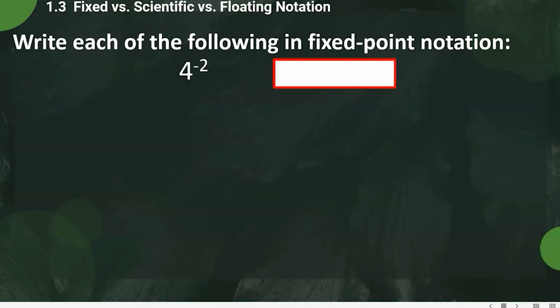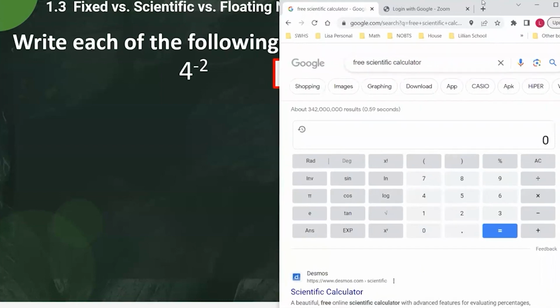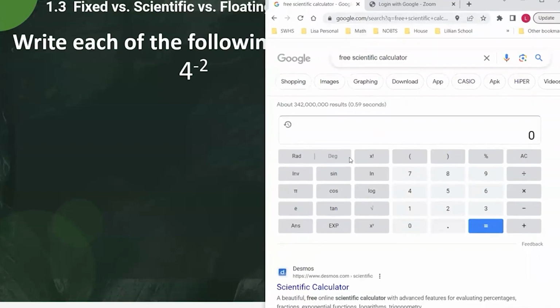For the purposes of this video, just so that everybody can get a calculator that everybody can access, Google actually has a free scientific calculator. So I'm going to pull that one up. If you just Google free scientific calculator, this is what you get. And it's actually pretty decent, so I kind of like it.